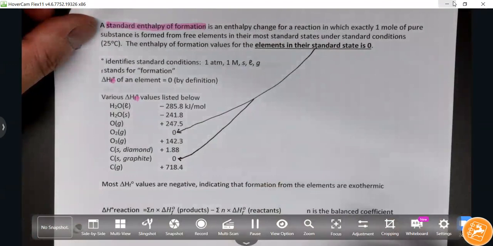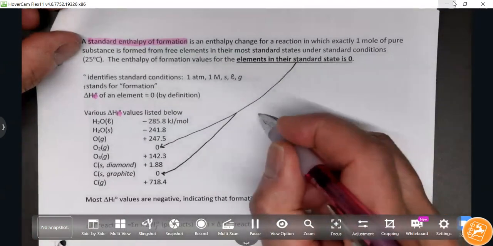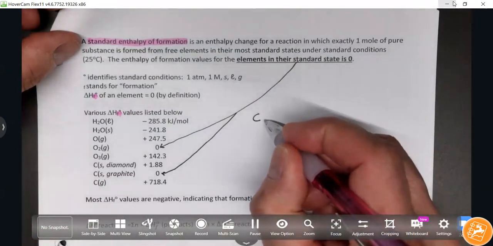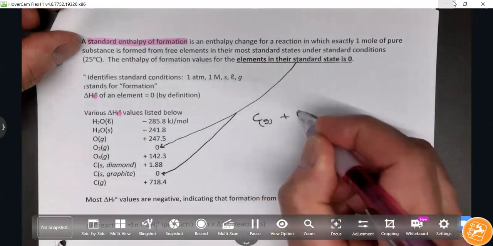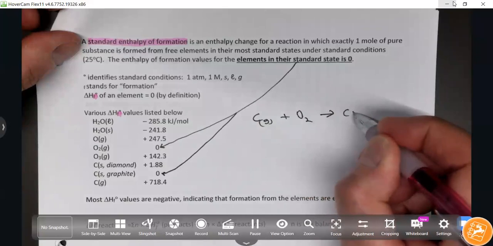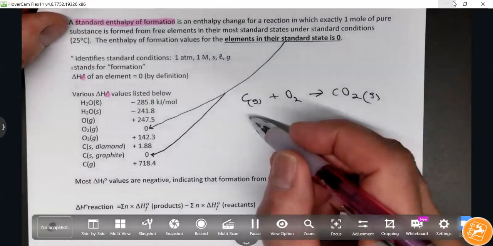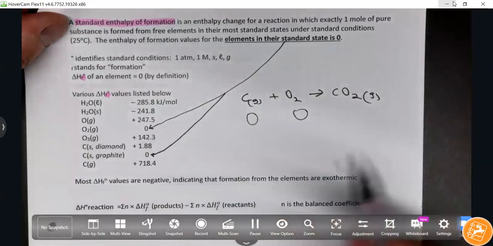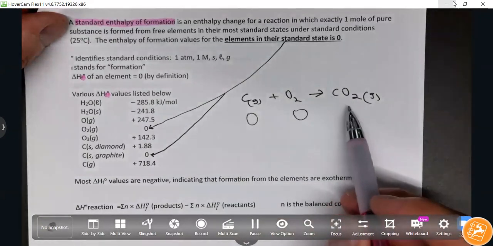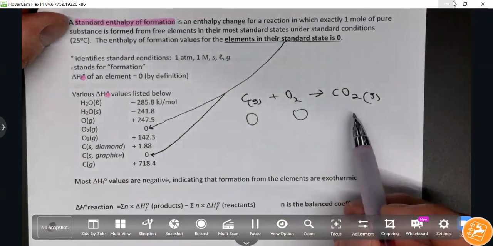An example of that would be if we did this, carbon solid plus O2 gas, we would get CO2 gas. Well, this is 0 and that one's 0. This would be how much energy it takes to form CO2 gas.